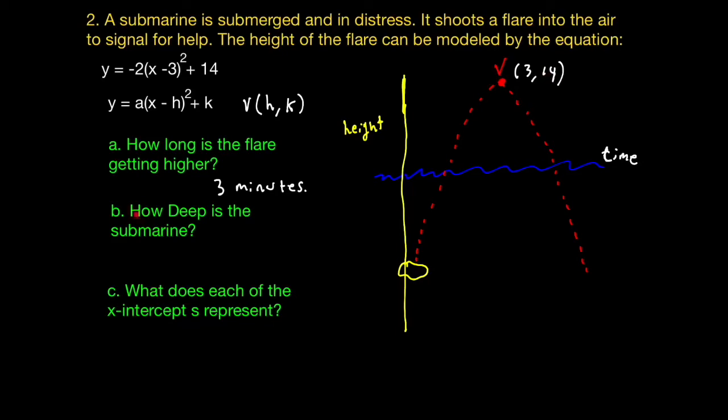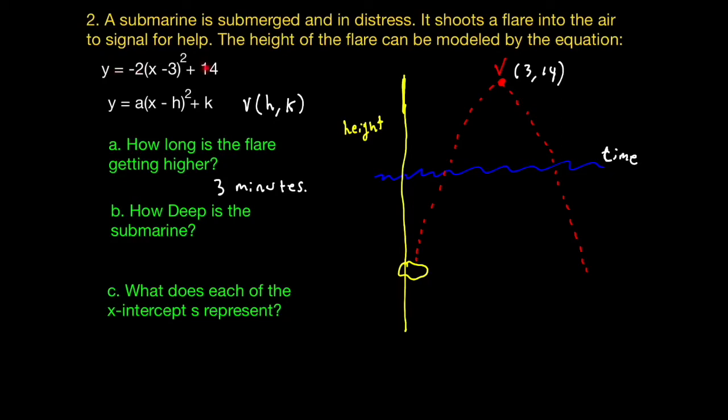Okay, moving on to part B, how deep is the submarine? In order to answer this question, we're going to need to solve for the y-intercept, since that's where the ship got stuck, and that's where the whole parabola begins to get mapped out. Recall that for the y-intercept, that's where x is equal to 0.